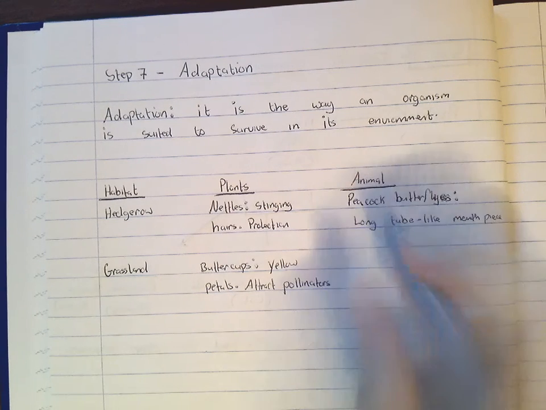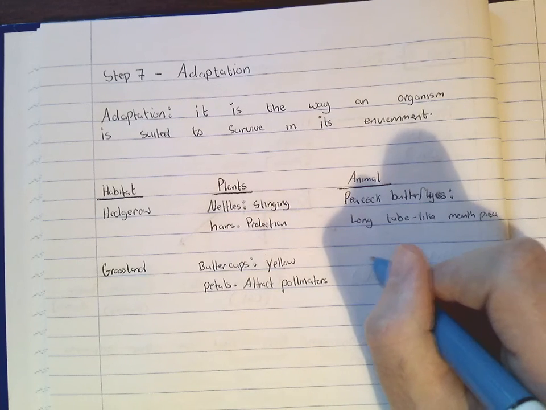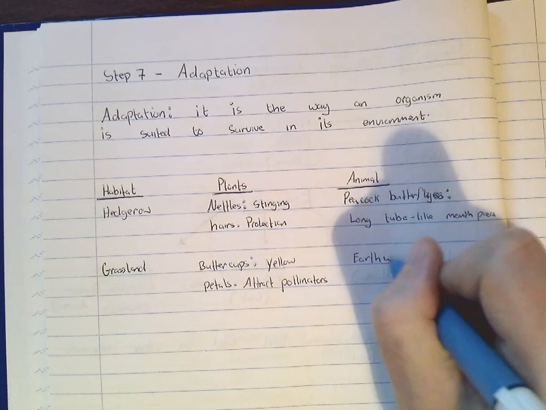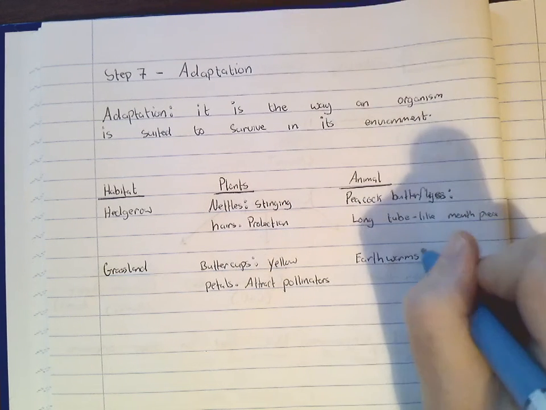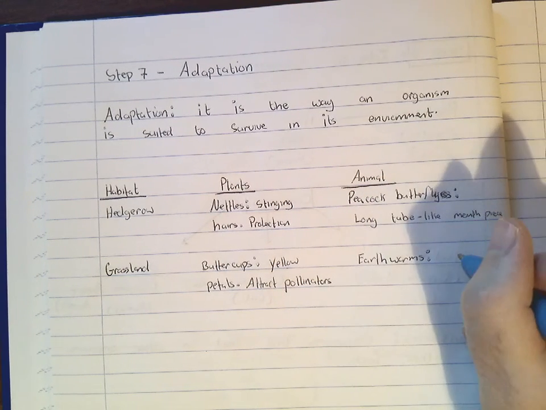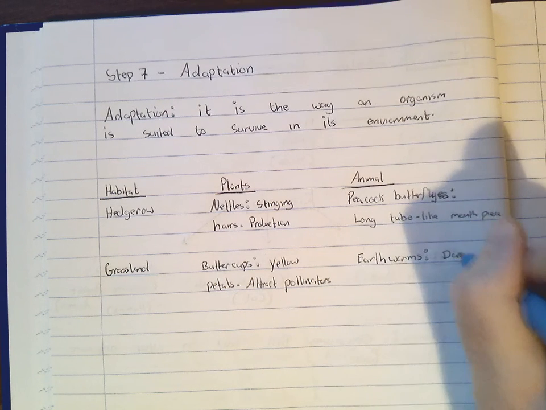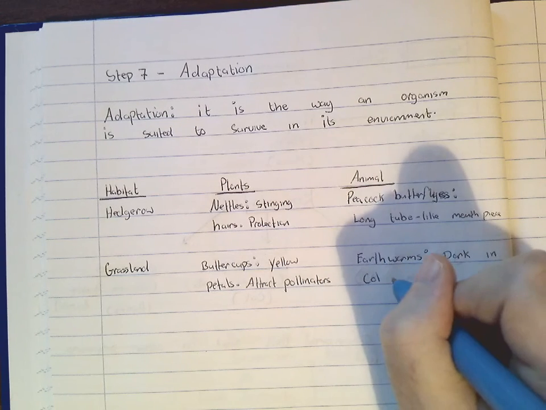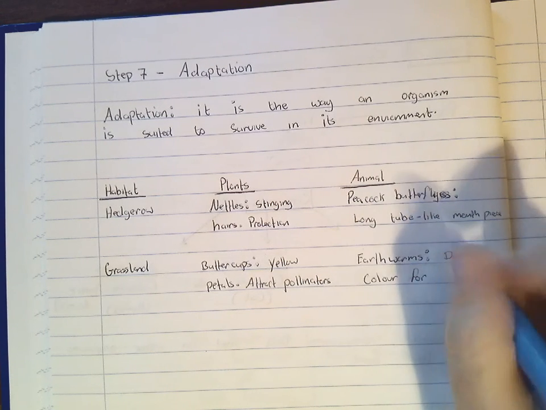Then if we take, for example, animals, just within grasslands or grass plains, you have earthworms. And if you take their color, for example, they're dark in color, for camouflage.